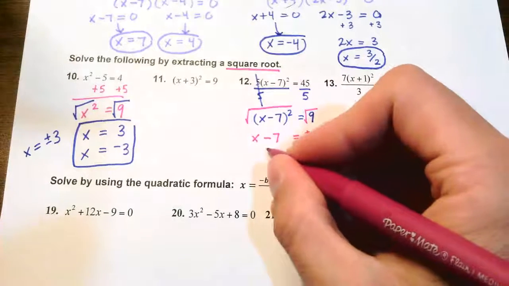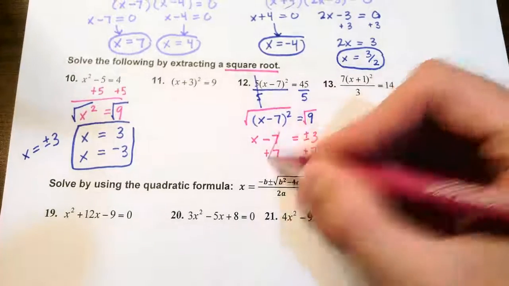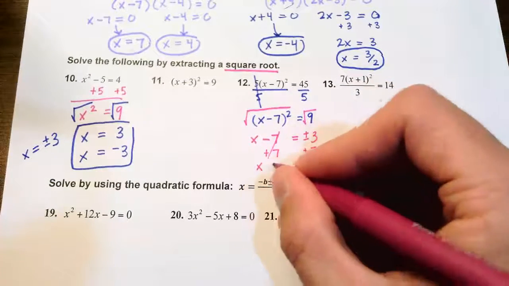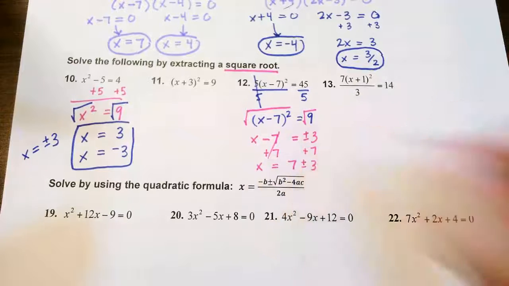All right, so now I'm going to go ahead and add 7. So I'm going to get x is equal to 7 plus or minus 3. Well, obviously we can calculate that out. We can do 7 plus 3 and we can do 7 minus 3, and that's going to give us both of our answers.